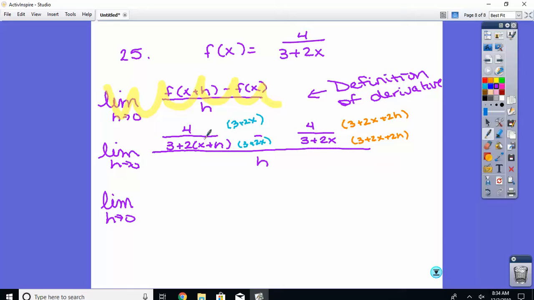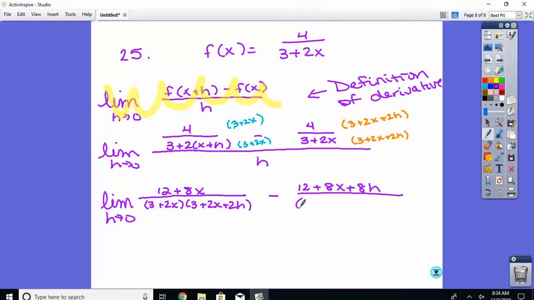So the first one, if we distribute that out, we get 12 plus 8x over the denominator, minus, if I distribute my 4, over my denominator.